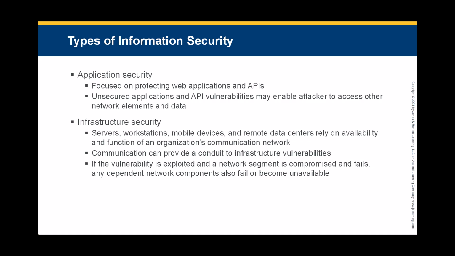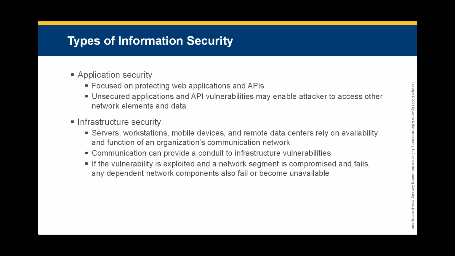Infrastructure security is critical because communication networks act as a conduit. If the network is compromised, attackers may move laterally between systems, intercept data, or disrupt services. Firewalls, network segmentation, secure configurations, and patch management are all examples of infrastructure security controls.